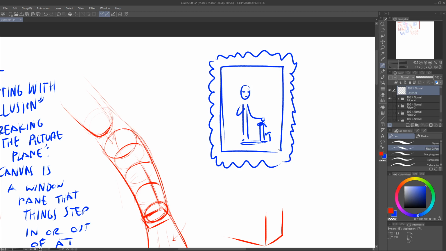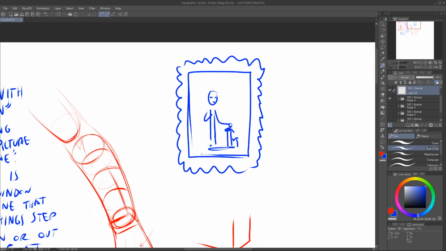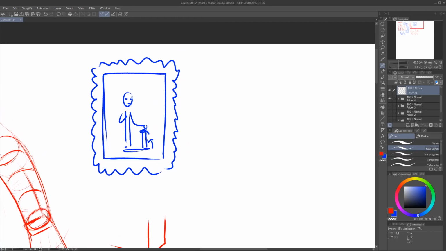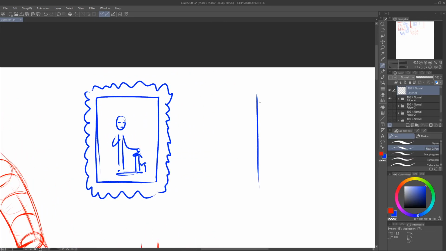We imagine the picture plane as being the actual physical plane of a picture. But when you're creating an illusion on the paper, you should be thinking of it more like this.